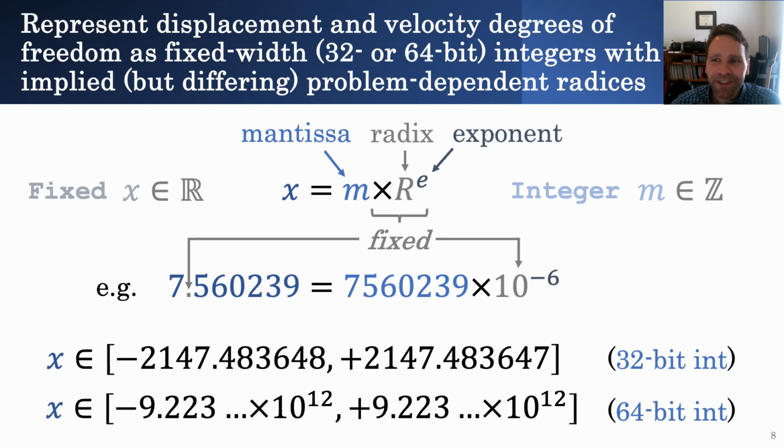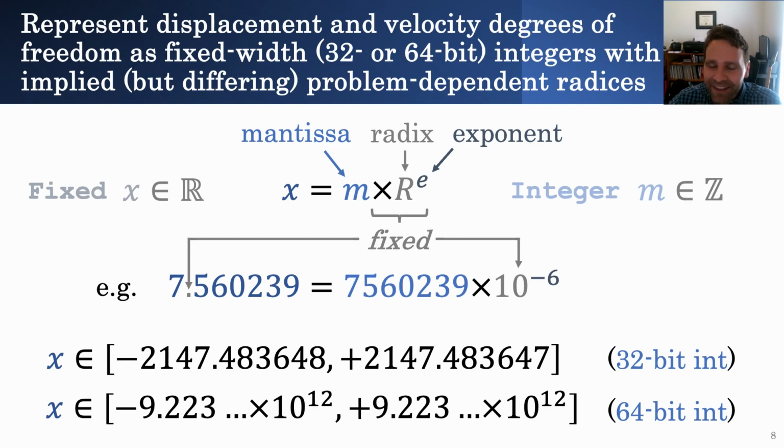A fixed point number is exactly the same thing, but you fix the radix point. So you have the same radix and the same exponent for the entire duration of the simulation, which basically means that you can represent such numbers in an isomorphic fashion to a set of integers with a fixed range. In other words, I can represent these fixed point numbers simply as integers and then replace all of my floating point operations with equivalent integer arithmetic operations.